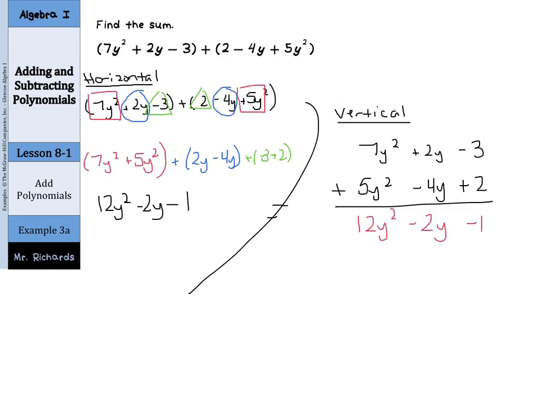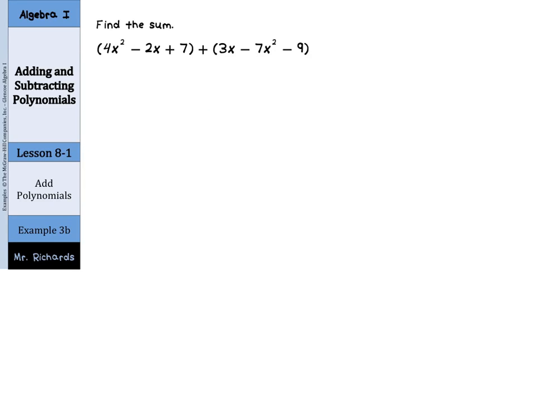What about 4x squared minus 2x plus 7 plus 3x minus 7x squared minus 9? Let's practice the horizontal method first again.